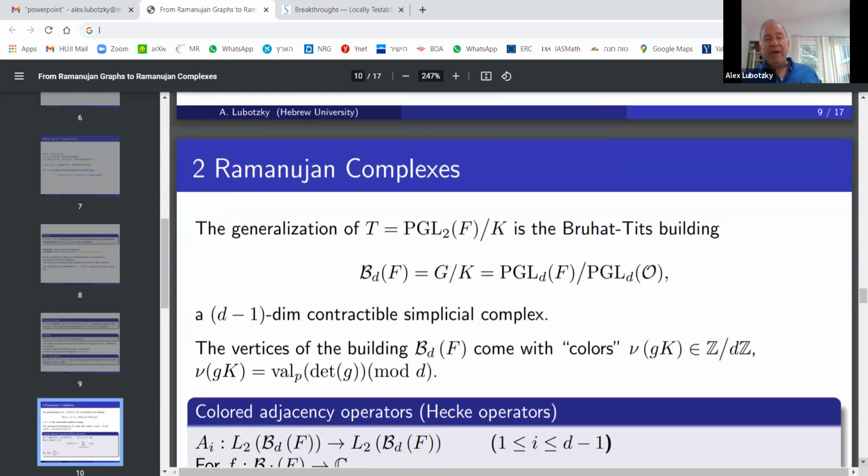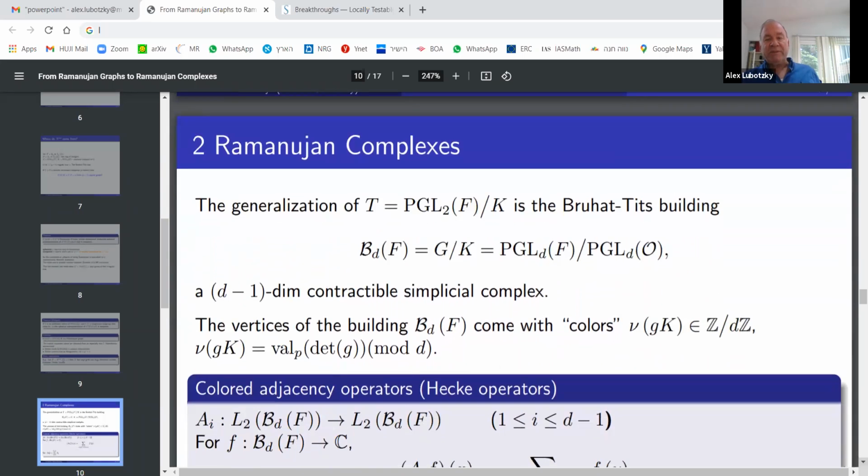Even though complexes are much more complicated, I think you can see the point of the generalization. Now we go to higher dimensions. Instead of looking at PGL2(F) mod K, which gave us the tree, we look at the Bruhat-Tits building B_d(F), G mod K, but this time G is PGL_d(F), modulo the maximal compact subgroup PGL_d(O).